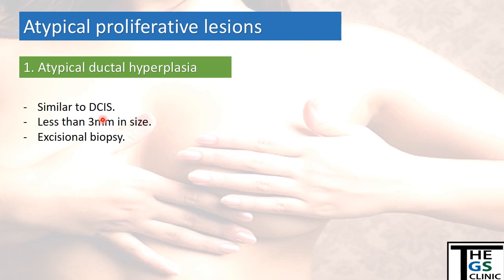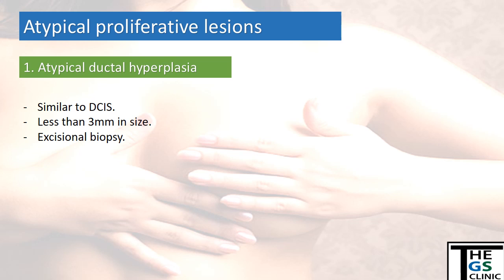But what is known to be the difference is that the atypical ductal hyperplasia usually is less than 3 mm in size. So if we find this hyperplasia, or increase in the epithelial cells that might contain mitosis, less than 3 millimeter, this is usually atypical ductal hyperplasia, but if it is more, we can call it ductal carcinoma in situ.